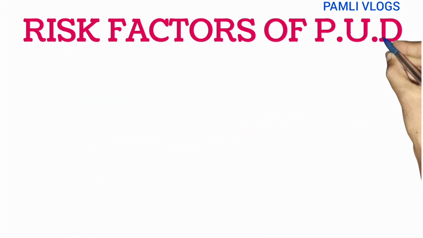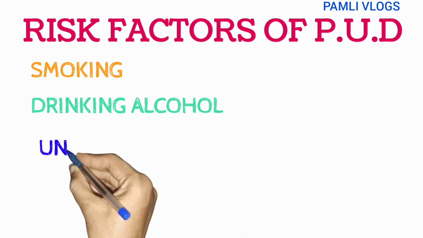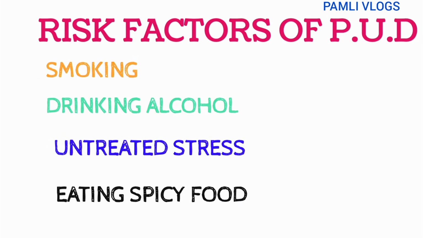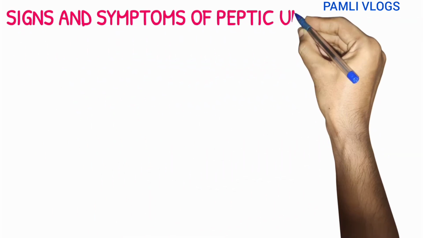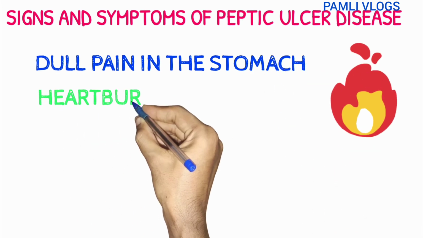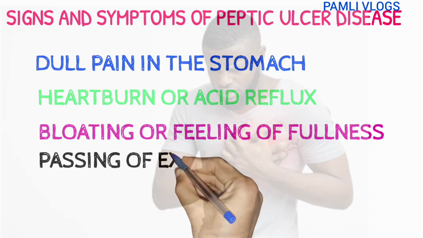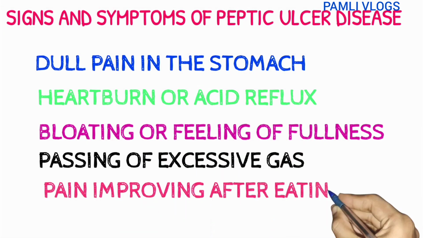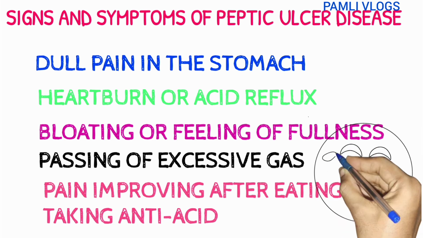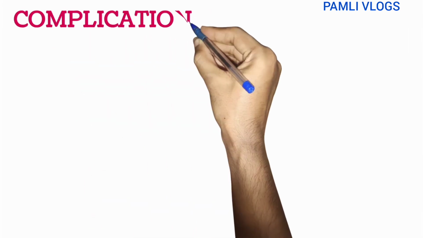The risk factors of peptic ulcer disease are smoking, drinking alcohol, untreated stress, and eating spicy food. Signs and symptoms: of course, the patient will present with dull pain in the stomach, heartburn or acid reflux, bloating or a feeling of fullness, passing of excessive gas, and pain improving after eating or taking antacid. Remember, don't take too much antacid because it normally just masks the symptoms.